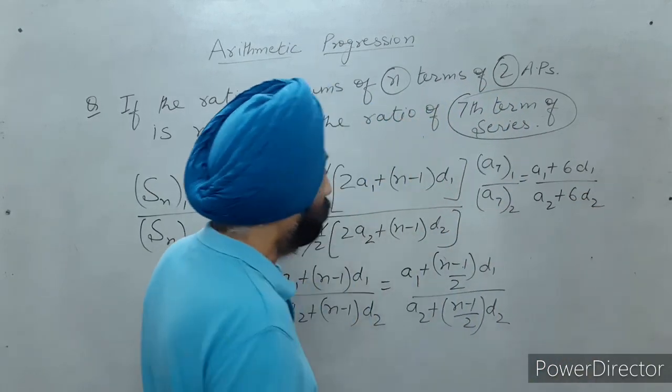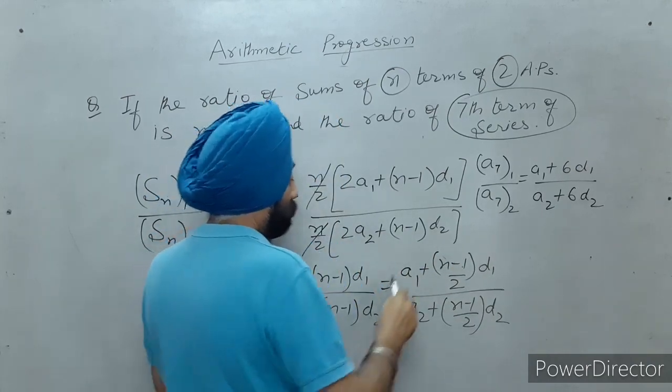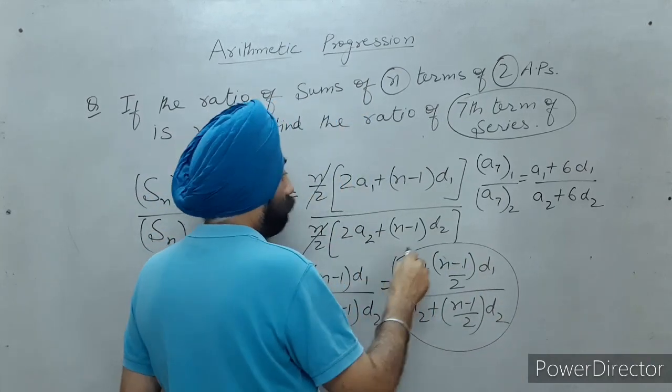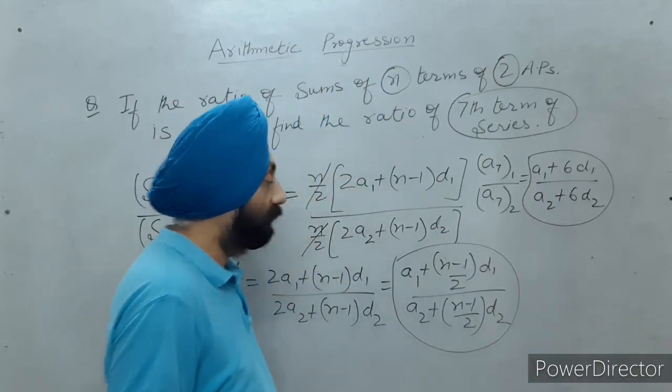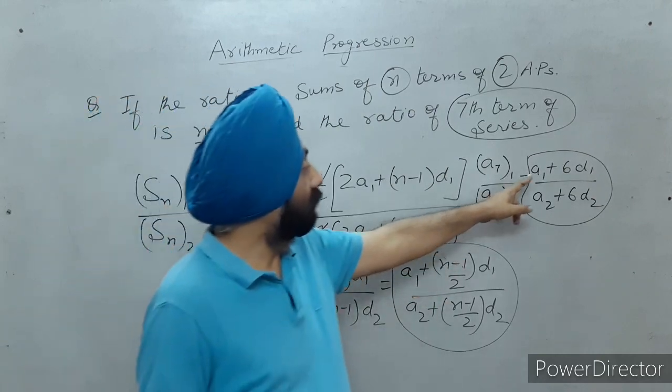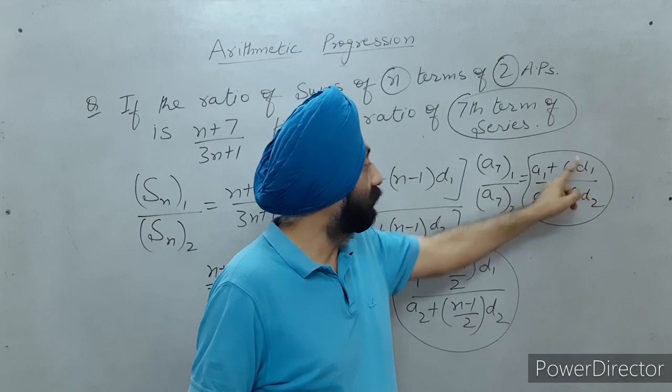Now when we compare this with this side, okay? What I observe, a1 is the same, plus 6 d1.